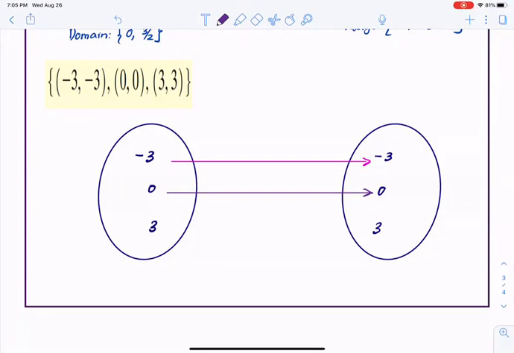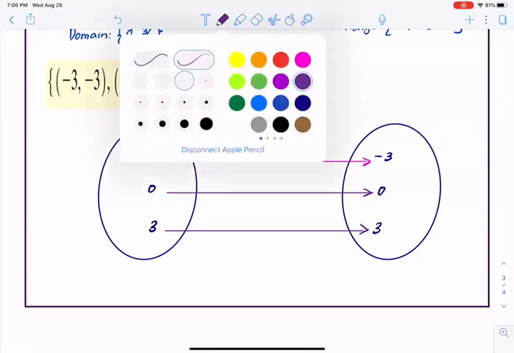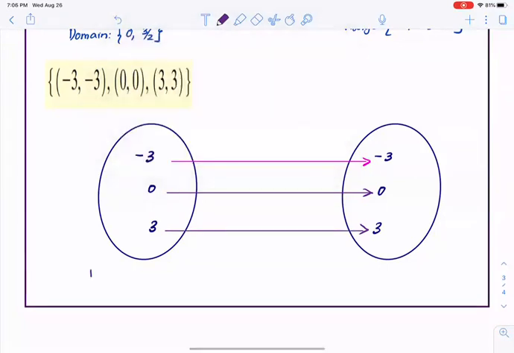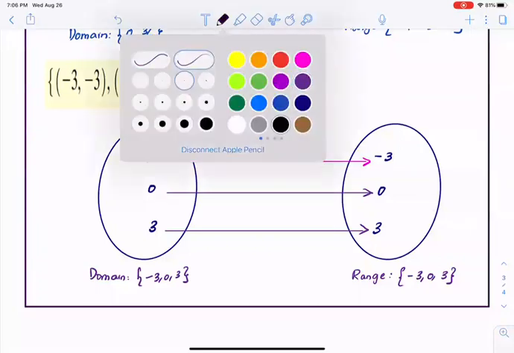And 3 is going to 3. So the set of all x values would be the domain. And the set of all y values would be the range. So one value of x is going to exactly one value of y. So whatever we have here is in fact a function. So the relation is a function.